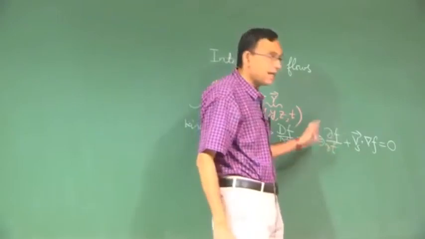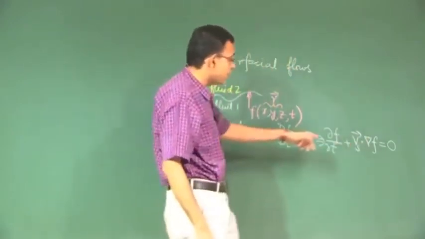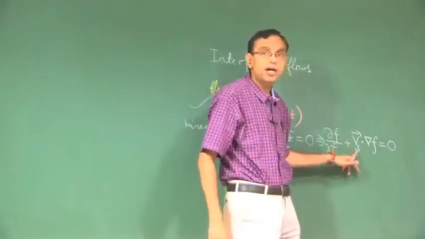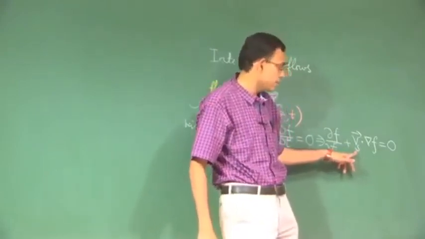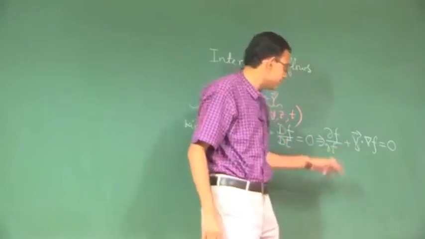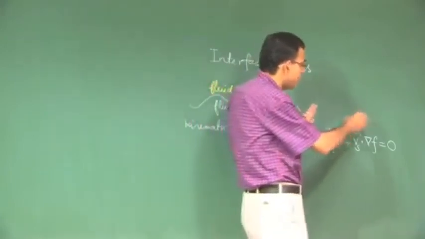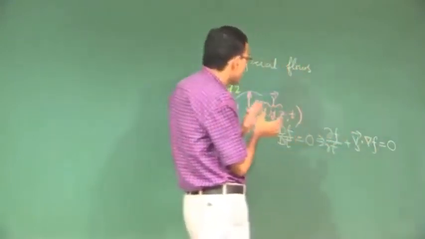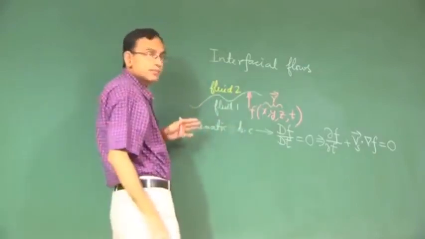So what we can infer from here, first of all, what is this Vs? Vs is the velocity of a point located on the interface. What we can say is that this boundary condition will be satisfied irrespective of the form of the interface.